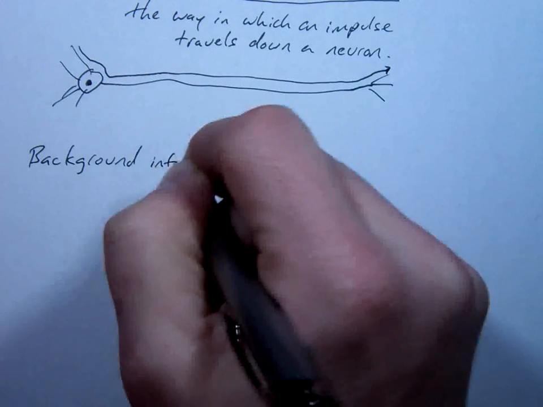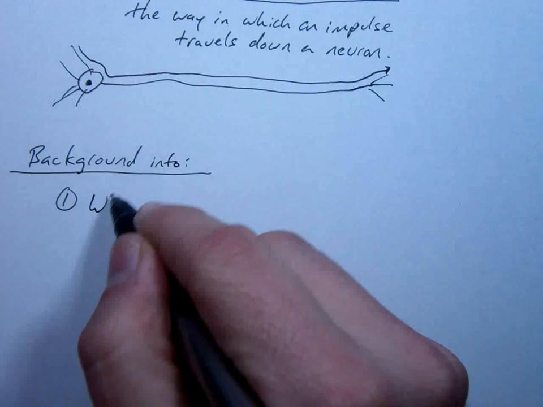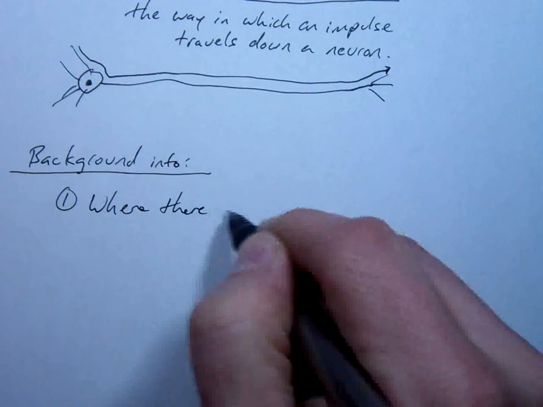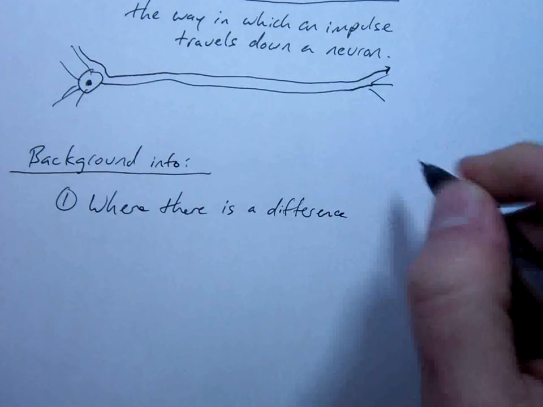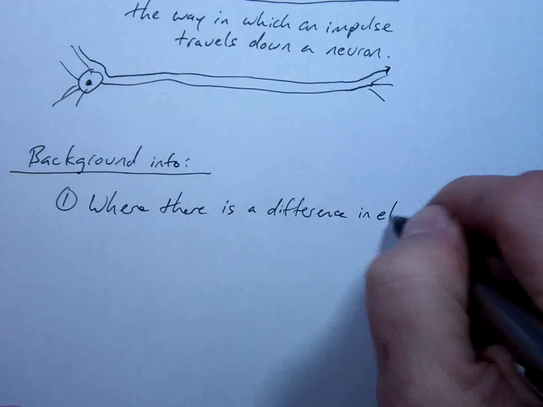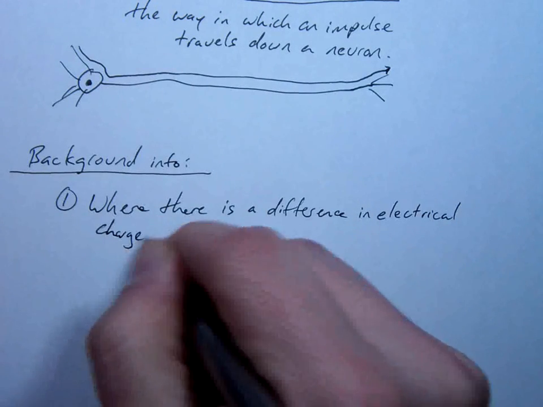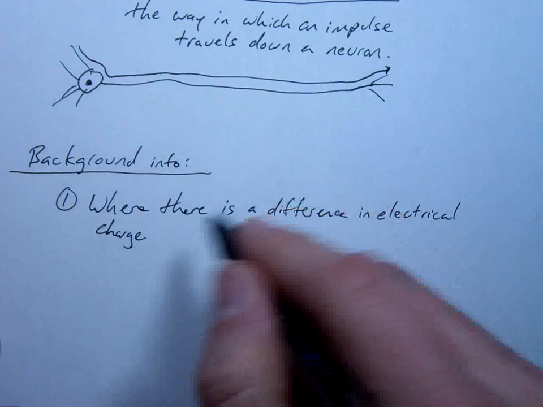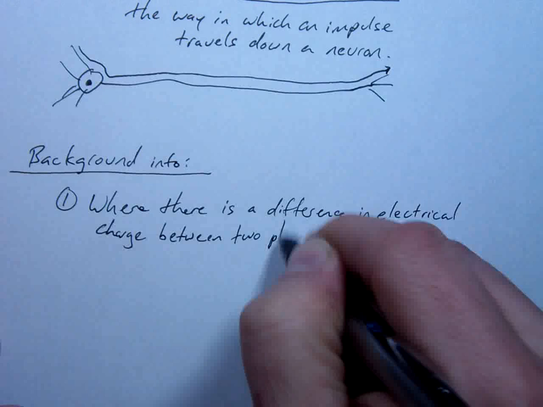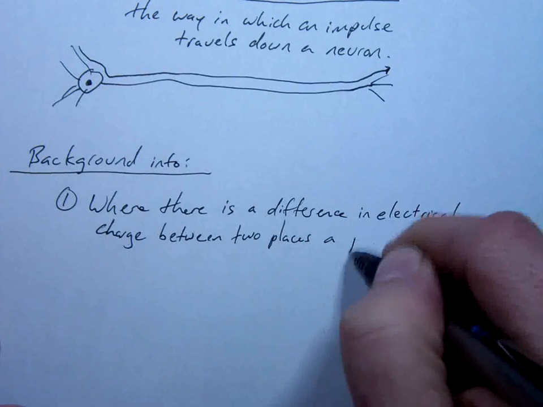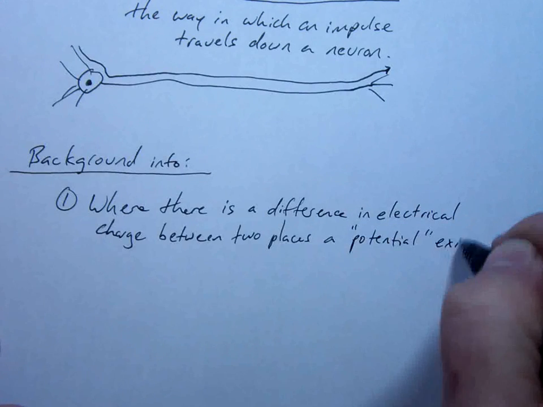Background info. Number one, where there is a difference in electrical charge between two places, a potential exists.